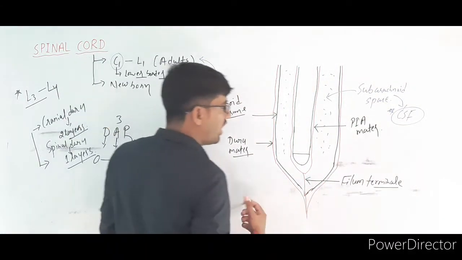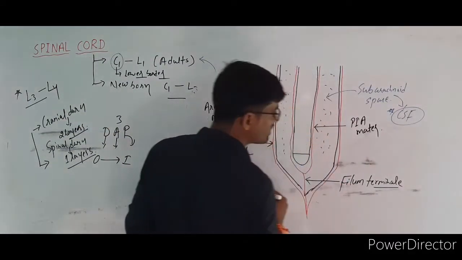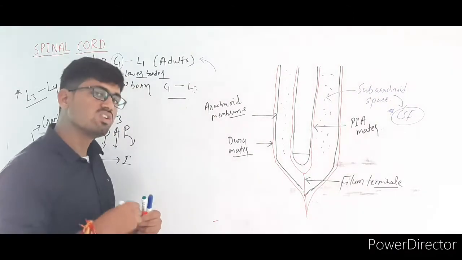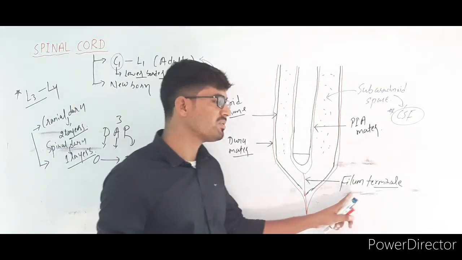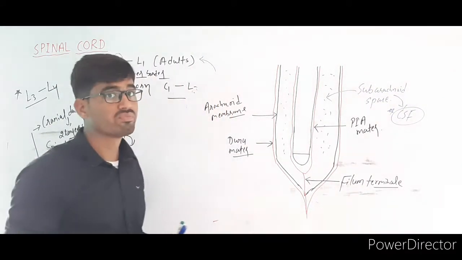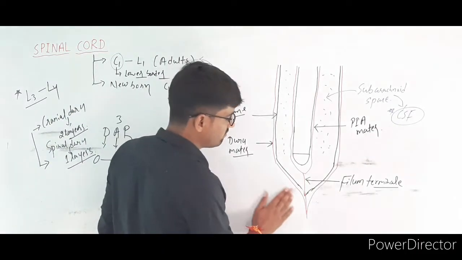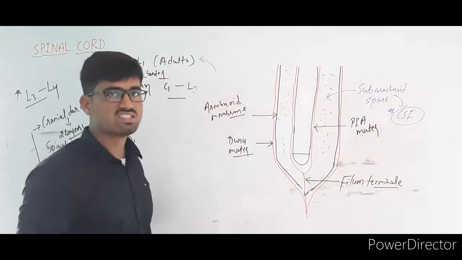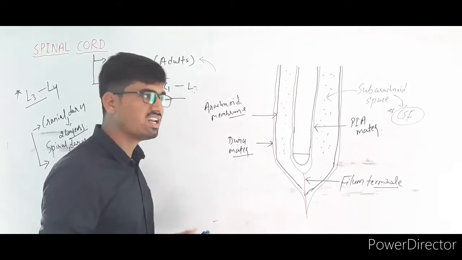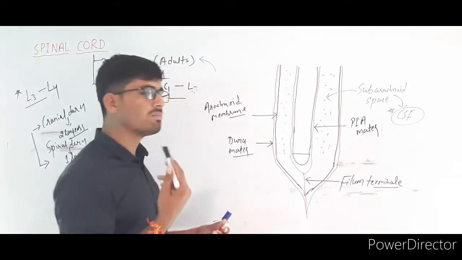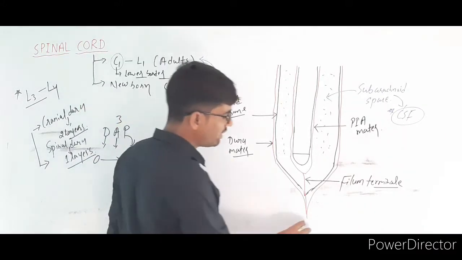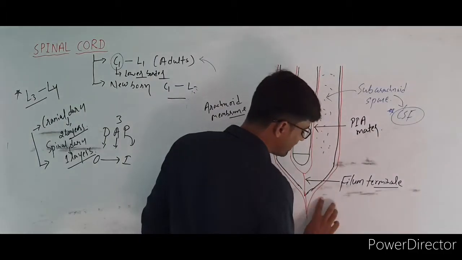Filum terminale. Okay. Can you tell me the modifications of the pia mater? Which structures does it give? One is the filum terminale. The second is the subarachnoid septum. And can you tell me some other things? The denticulate ligament, there is one such thing.